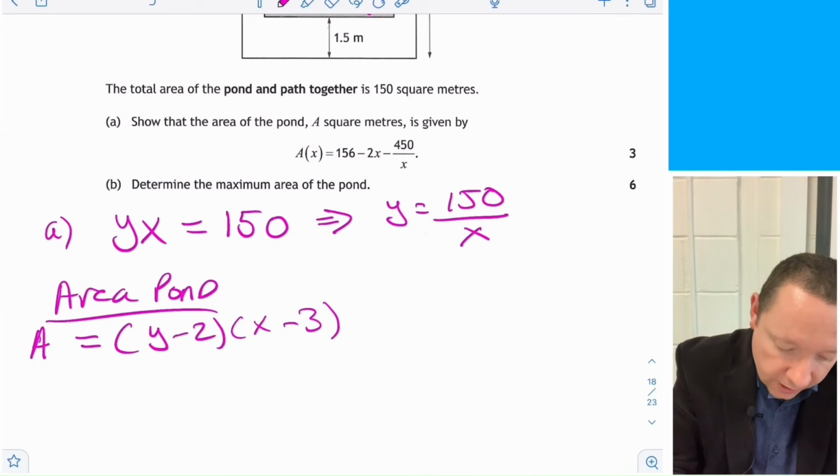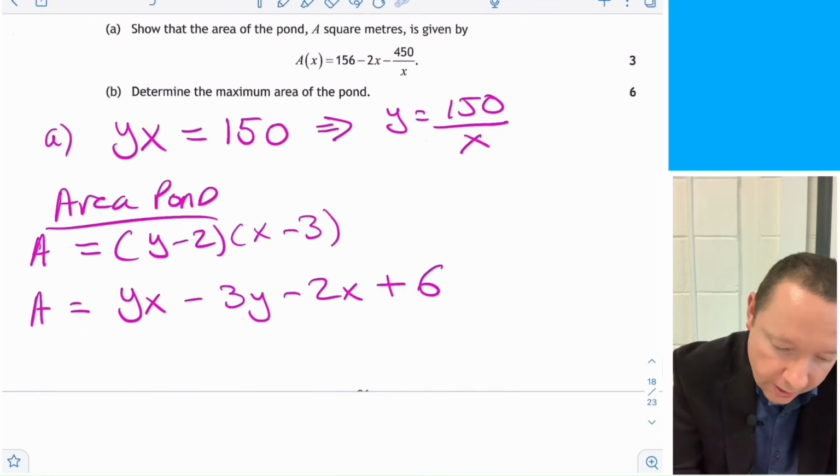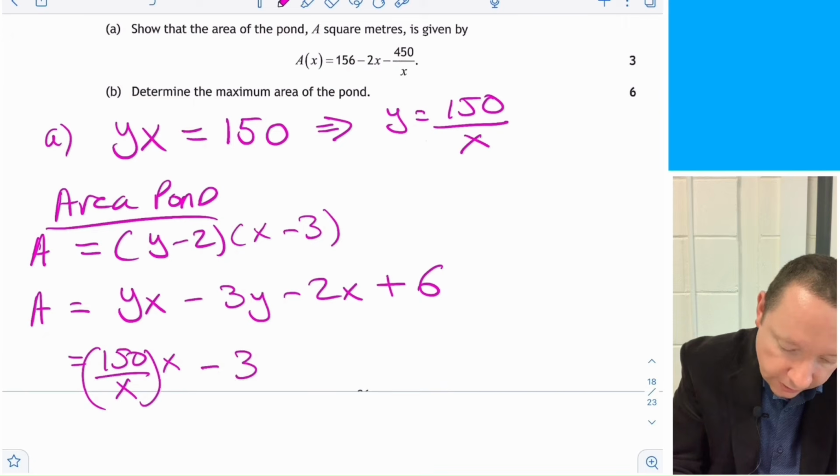Let's multiply our brackets out here. A equals yx or xy minus 3y minus 2x plus 6. Substituting our y in, which is 150 over x, we get 150 over x times x, minus 3 times 150 over x, minus 2x plus 6.